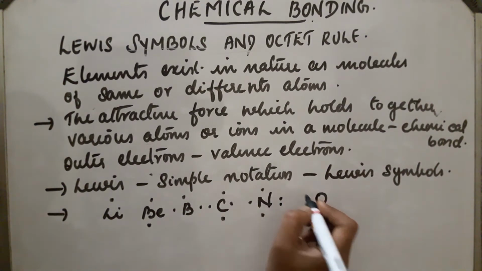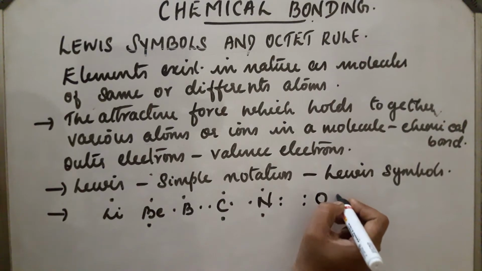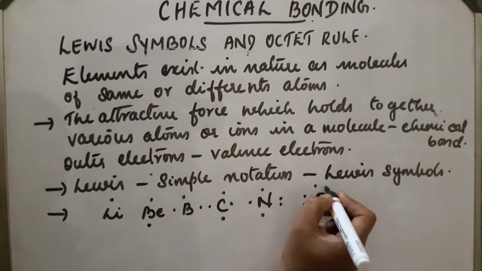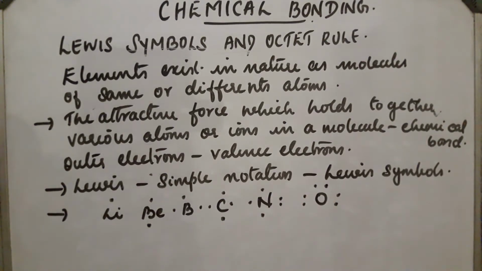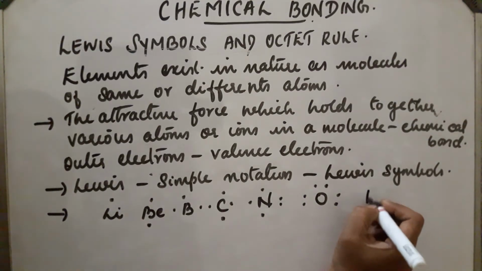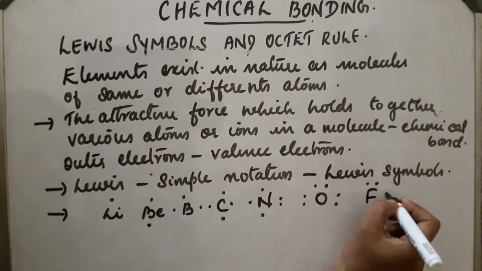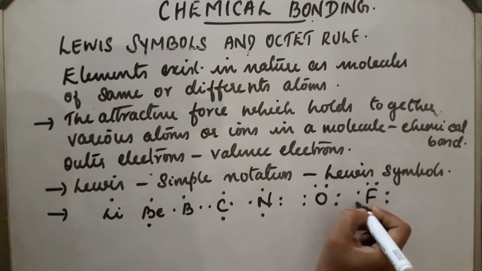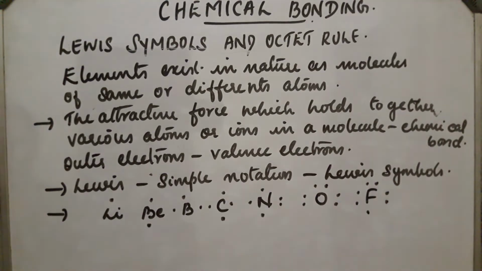Then oxygen, 6 valence electrons. Then fluorine, 7 valence electrons. Like this, we can represent the different elements by using Lewis electron dot symbols.